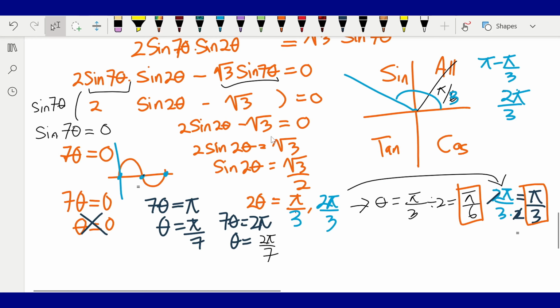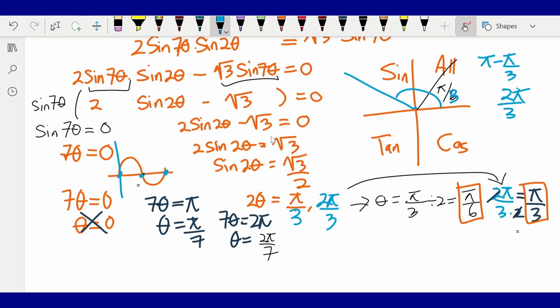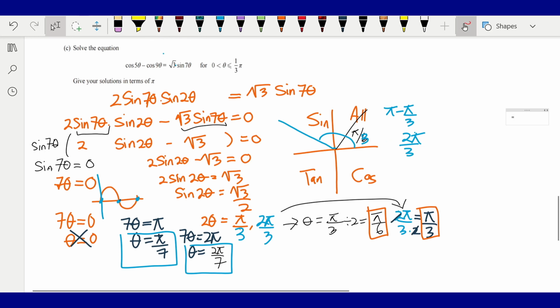Okay, so that is our answer for this number: pi over 7, 2 pi over 7, and also we got pi over 6 and pi over 3 from our calculation. So that will be 4 possible answers. So that is our solution for number C: pi over 7, 2 pi over 7, pi over 6, and pi over 3 from the 2 factorizations.